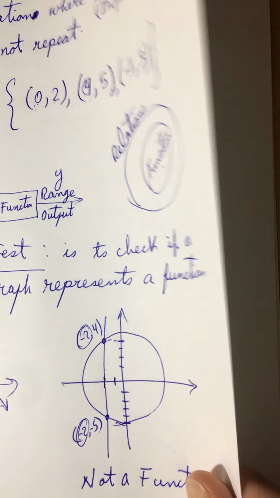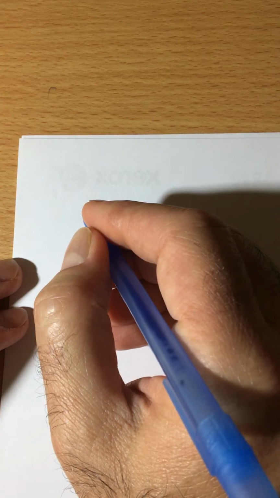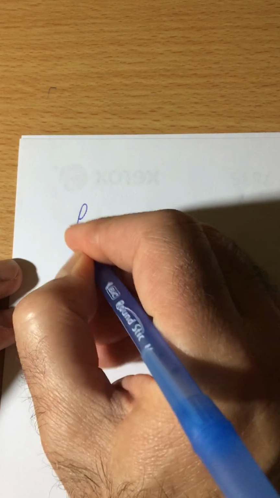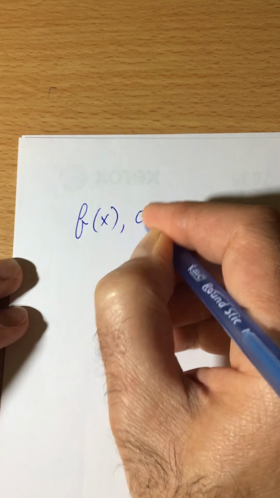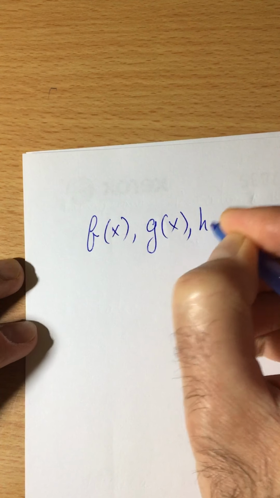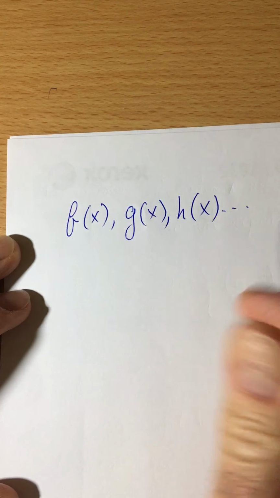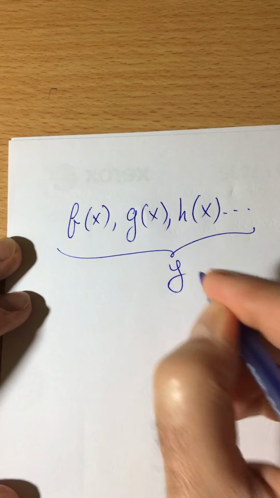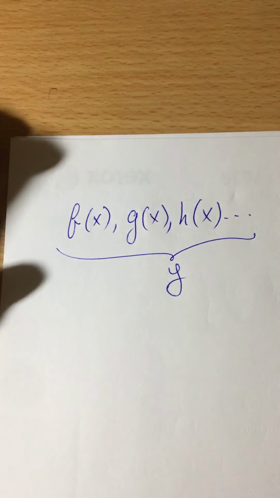Okay. All right. And as far as functions are concerned, we have special notations for it. You probably have seen it like f of x or g of x or h of x and so forth. What they all mean is y. It's just a different way of writing it.